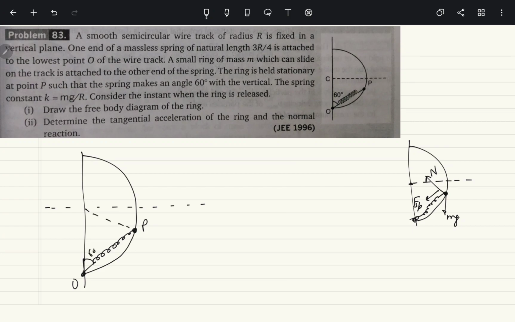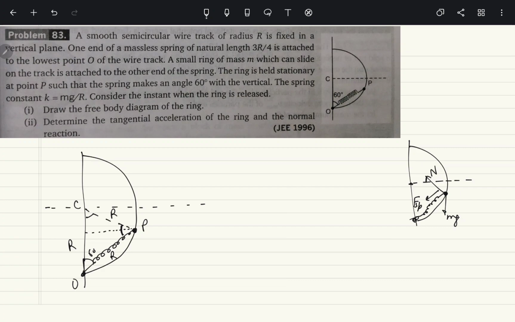If this is the center C, then CP is nothing but the radius of the circle, and CO is again R. If this angle is 60, this angle is also 60, so obviously this angle is also 60, which means the length of the spring is R.